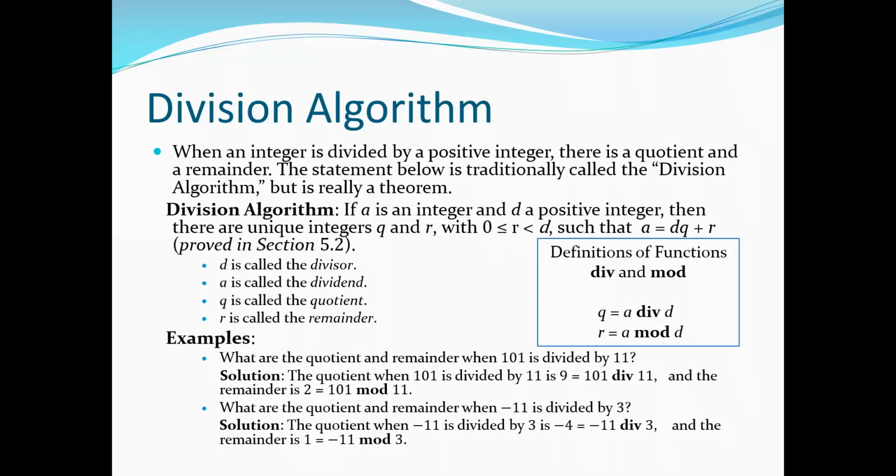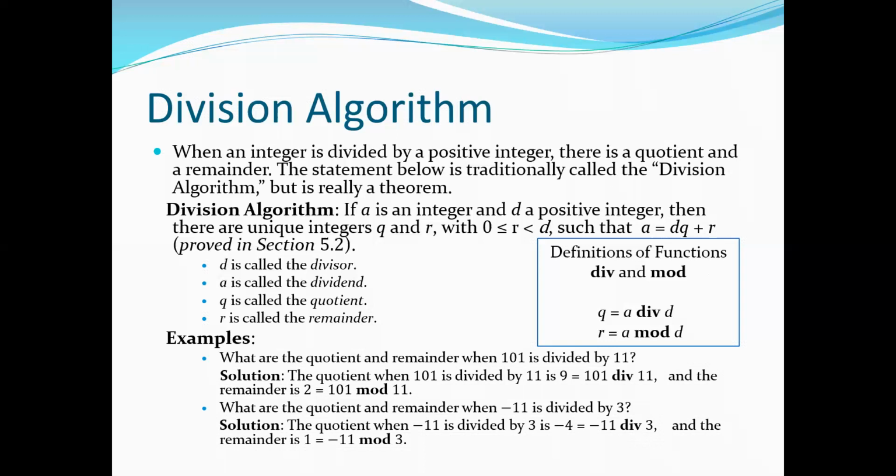So therefore, we could not have a negative 2. That's why we need to adjust our quotient. So instead of negative 3, we're going to make it negative 4. When we multiply negative 4 by 3, we have negative 12, and the result should be negative 11 as your dividend.